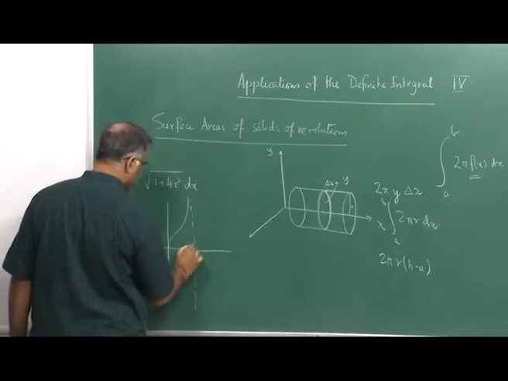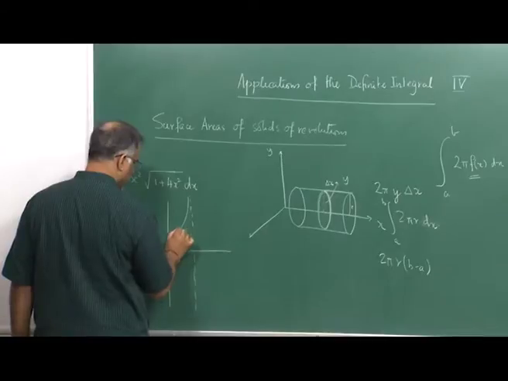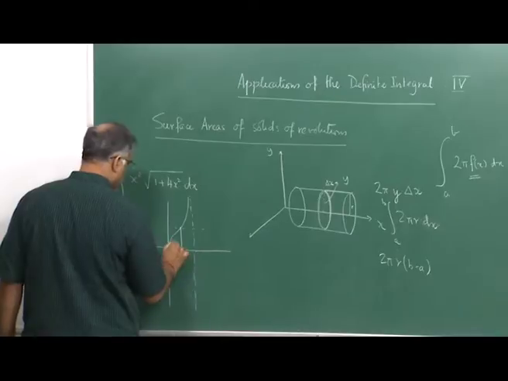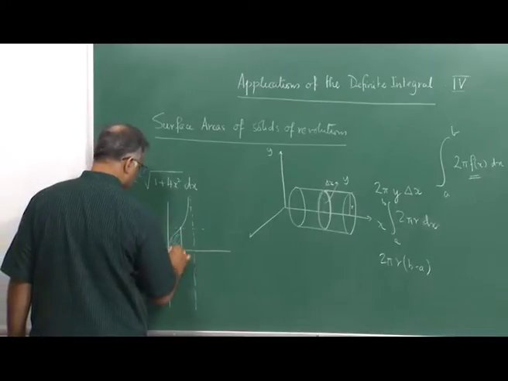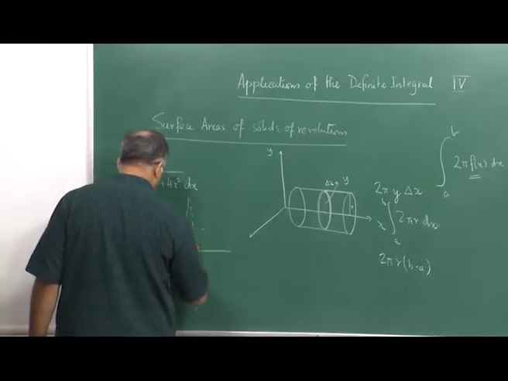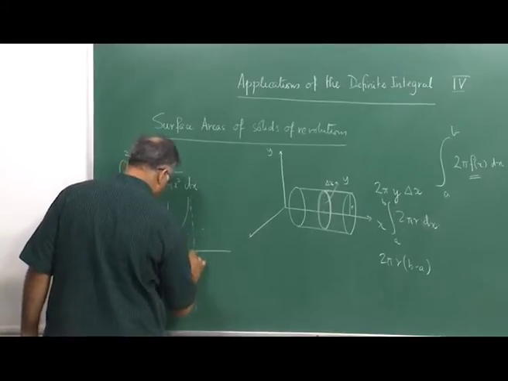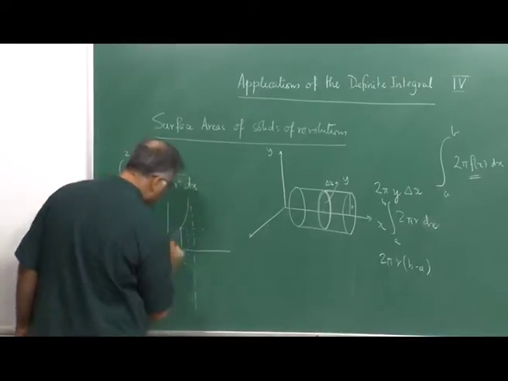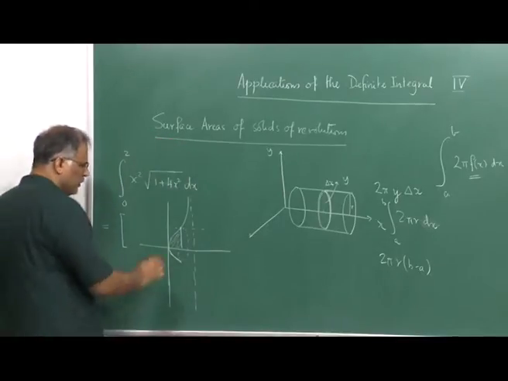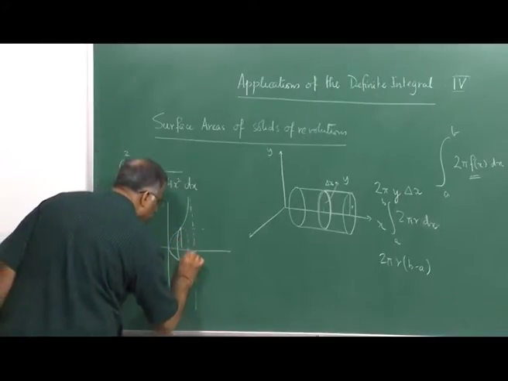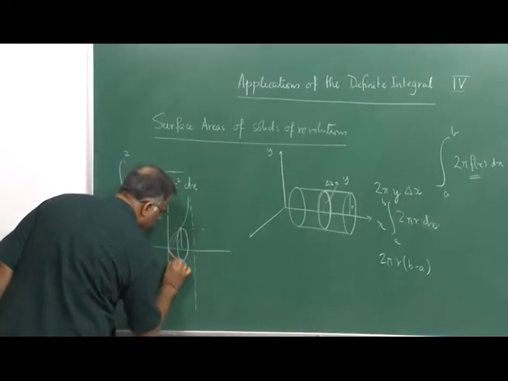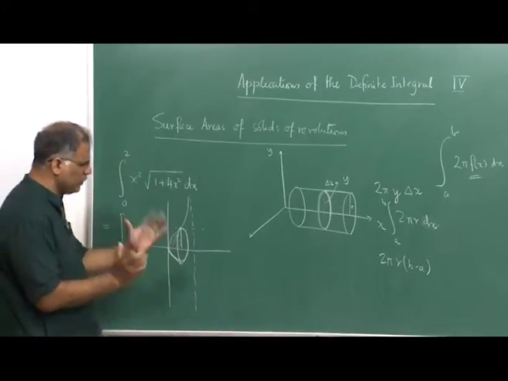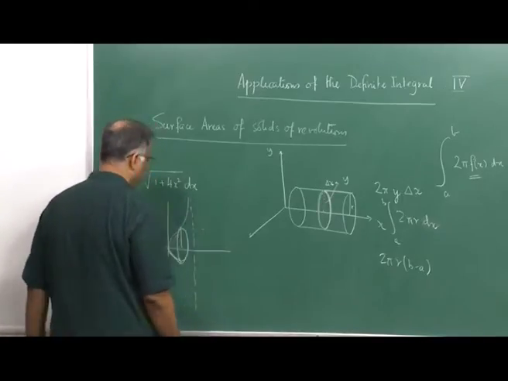It goes like this, and tan π/4 is 1. If you rotate this around the x axis, we will have some strange looking stuff. So, this is your object, it is like a bowl.